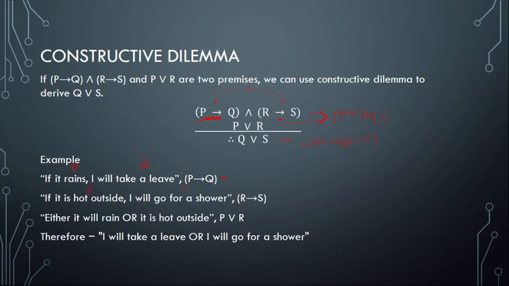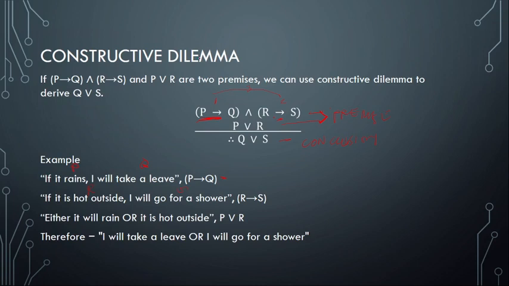And since it's an 'and', we are going to connect these two. So either it will rain or it is hot outside, P or R. Therefore, I will take a leave or I will go for a shower.